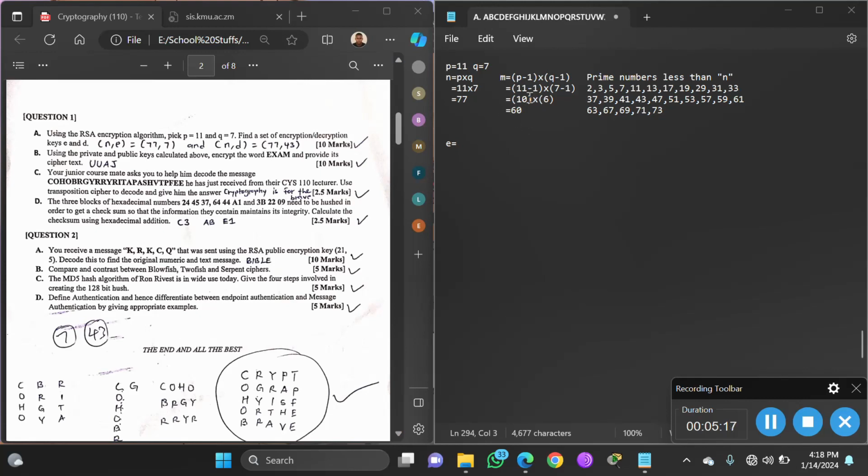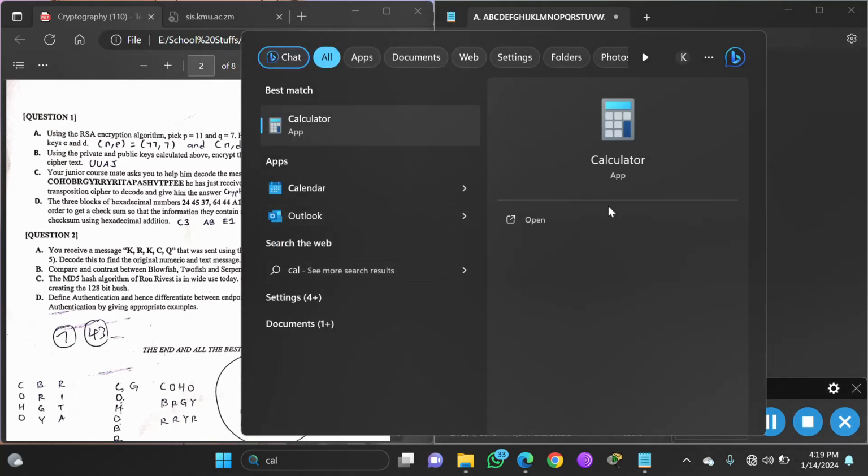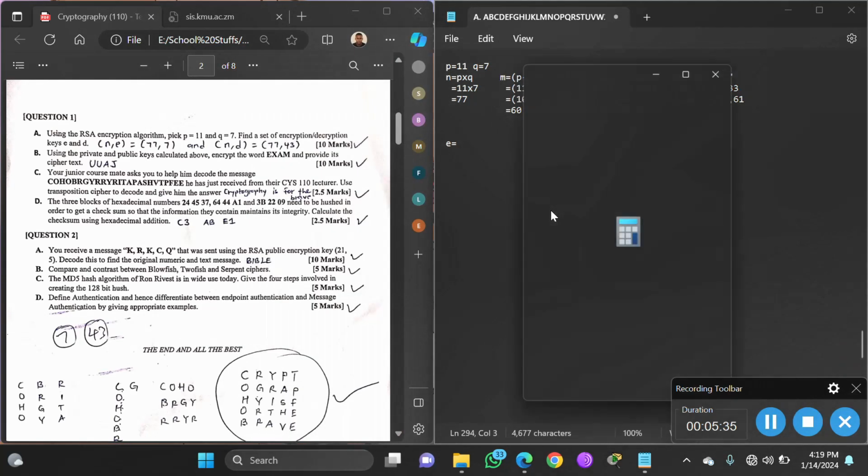So that's the value for E. Let me open up my calculator, then I show you what I mean.